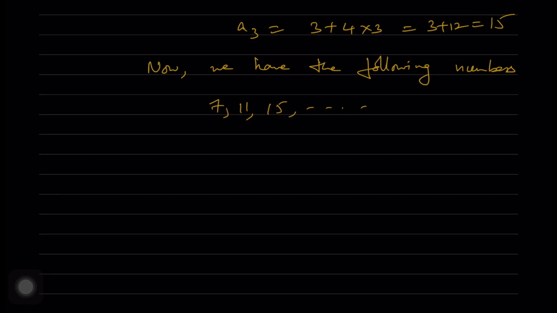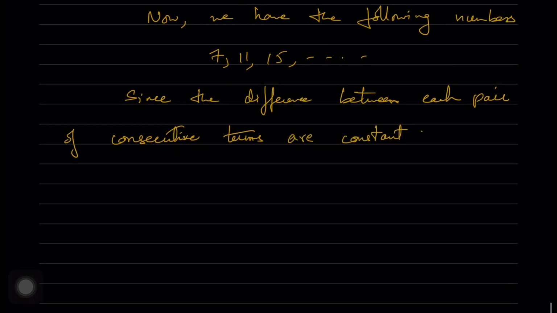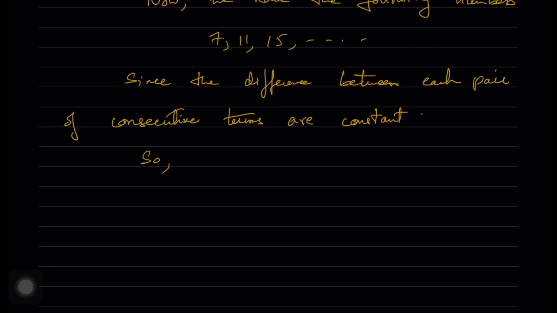Since the difference between each pair of consecutive terms is constant, the given numbers form an AP.